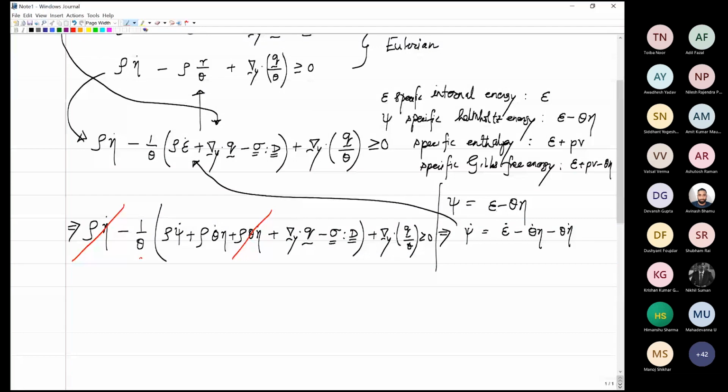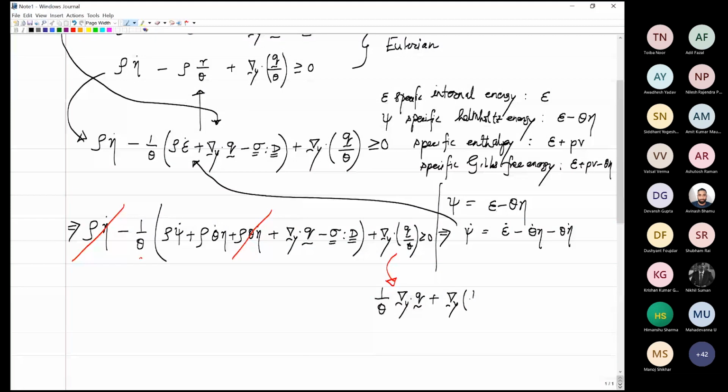Also, you can expand this divergence of q by theta, and if you do that, it becomes 1 by theta times divergence of q plus gradient of 1 by theta dot with q.